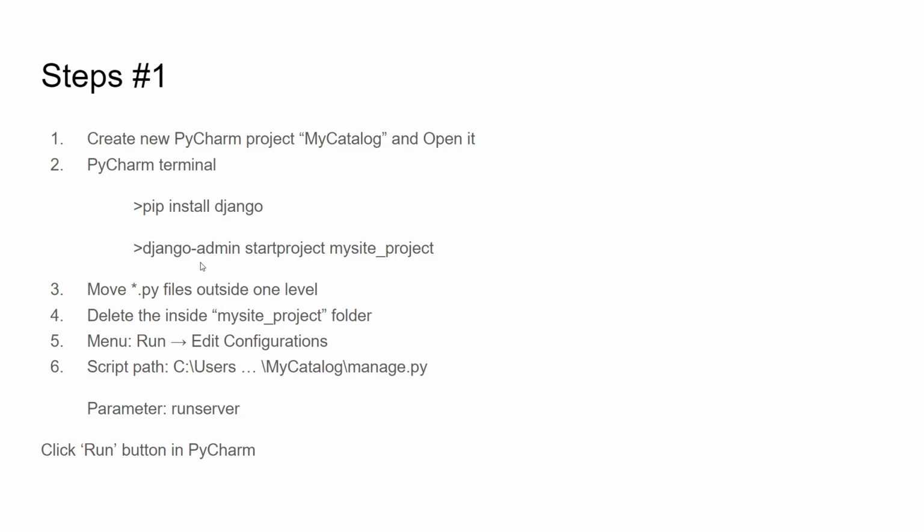However, when you do the command, we need to do some manual stuff. For example, we need to move the manage.py file outside one level because it's gonna create the my side project folder two times. For some reason we may need to modify the command, but since this step is working already, we will not change it.